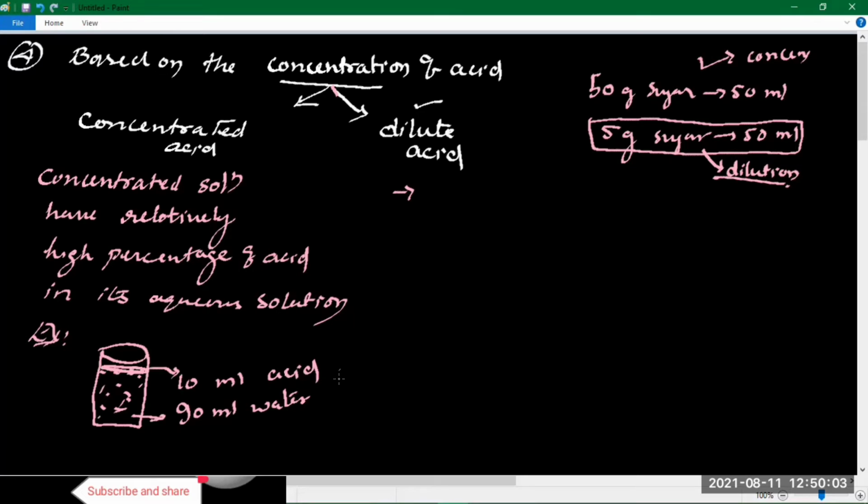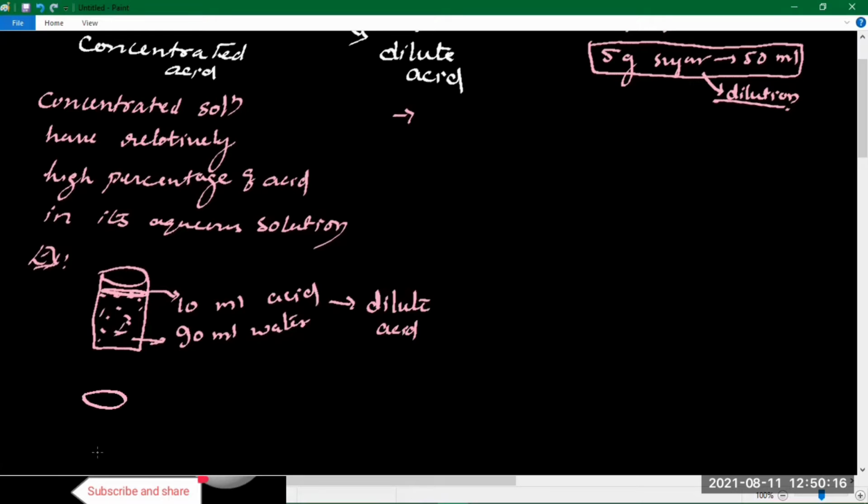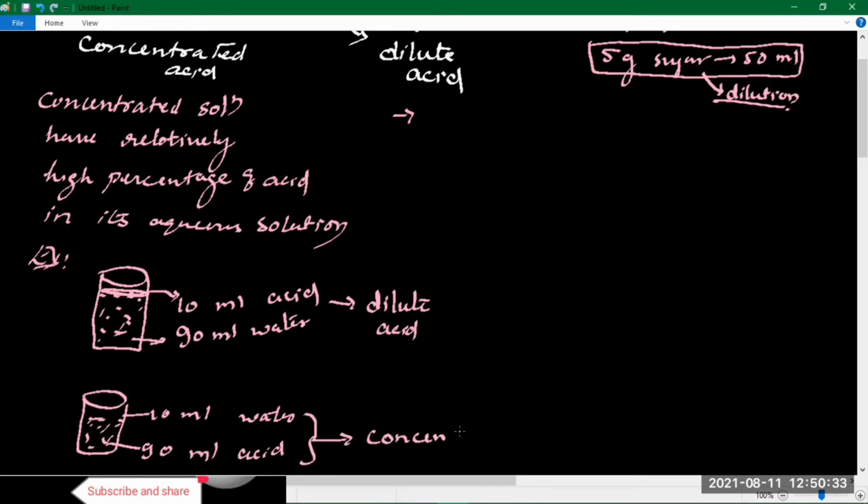Then we will consider this as a dilute acid. Now in the beaker, if I use 90 ml of acid along with 10 ml of water, then this is called a concentrated acid.